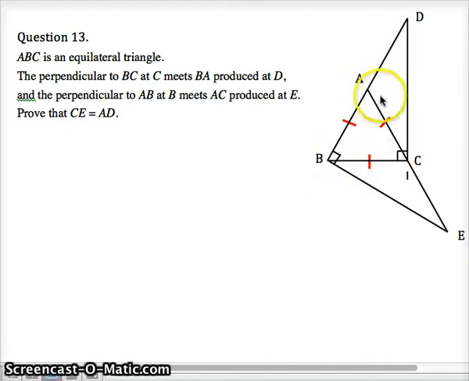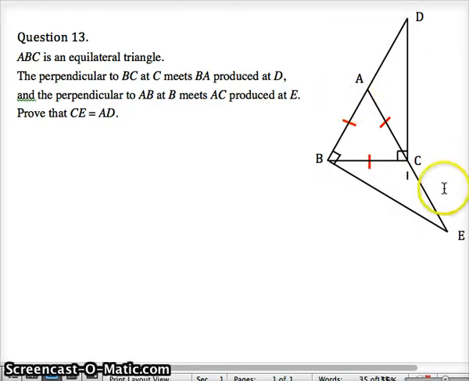AC is this side of the equilateral triangle, it's produced down to E, and this perpendicular line BE meets there. And the question asks us to prove that CE is equal to AD.